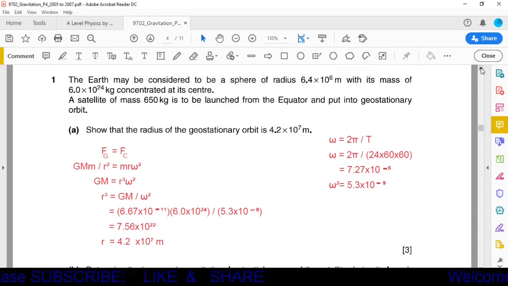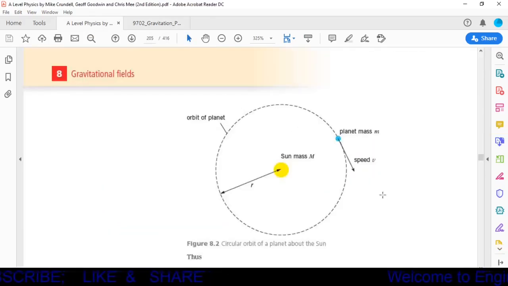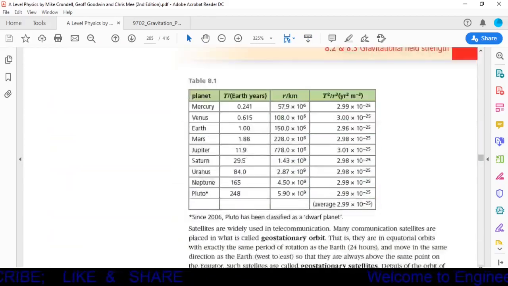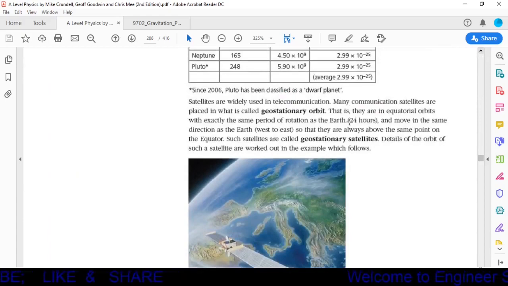First, keep in mind the condition given here, that the satellite is in geostationary orbit. Now we have to see what the conditions are for a geostationary orbit. These are the three conditions for geostationary orbit.